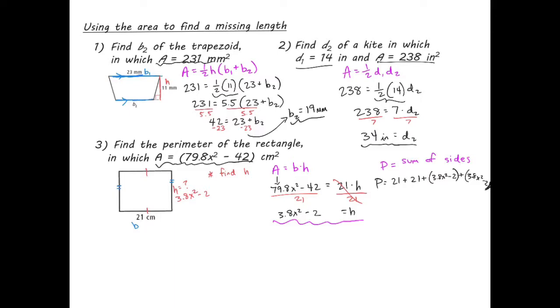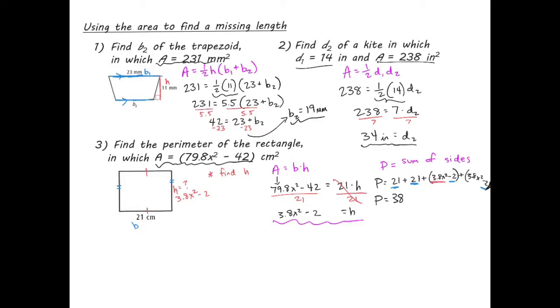So let's combine like terms. Let's add everything up and see what our perimeter is. So I see a 21, a minus 2, and a minus 2. Let's add all those like terms up. 21 and 21 make 42. Minus 2 is 40, and then minus another 2 takes us down to 38. And then let's add up these x squareds.